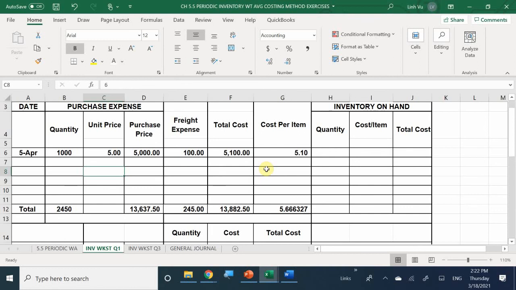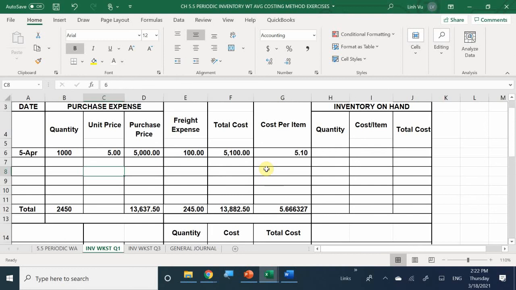Okay? The reason why I solved for the first one is because what if this was my only batch? What if this is the only thing I had here? Then how are you going to solve for the average cost per item? Then yes, you only use these numbers. Correct. And it's the only batch that you have. So in this kind of context, if you don't have any other batches after that, then that's the average cost per item.